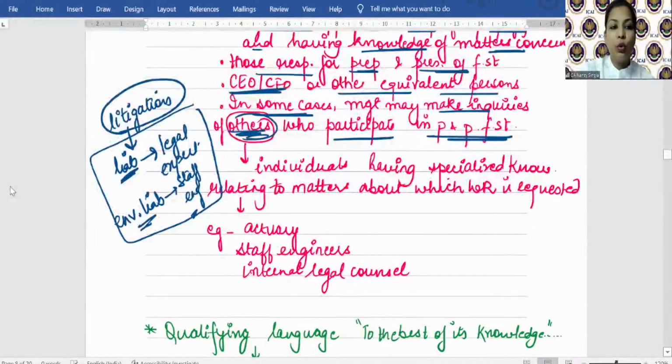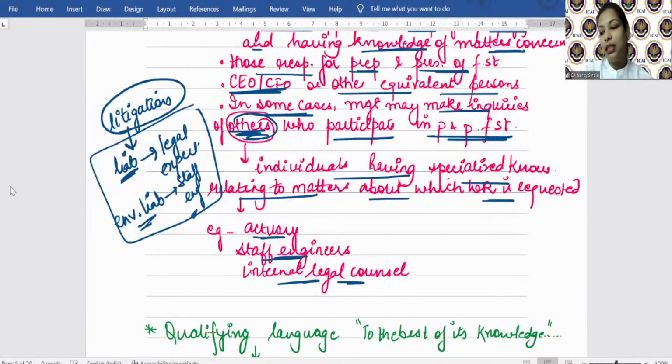Individuals having specialized knowledge relating to matters about which written representation is requested, for example actuaries, staff engineers, or internal legal counsel. So the management may mention that we have made certain inquiries of these persons, and based on that we have prepared and presented the financial statements with respect to this topic.